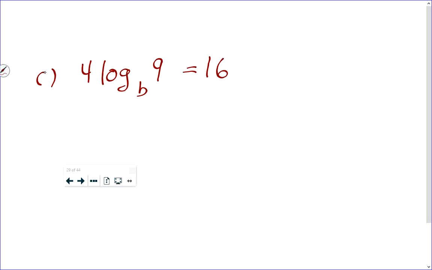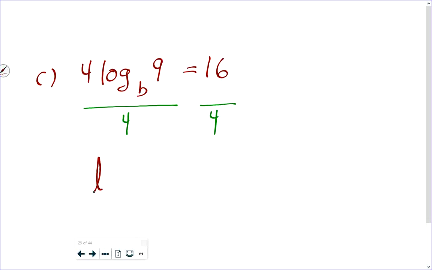Not 4 times the logarithm, not 8 times the logarithm, but a single logarithm. So you have to start by dividing both sides by 4, and then we get log base b of 9 equals 4, because 16 divided by 4 is 4. Rewritten, that becomes b raised to the 4 equals 9.